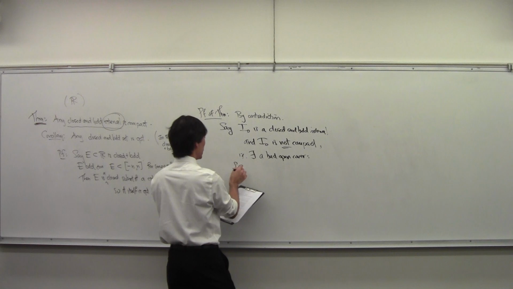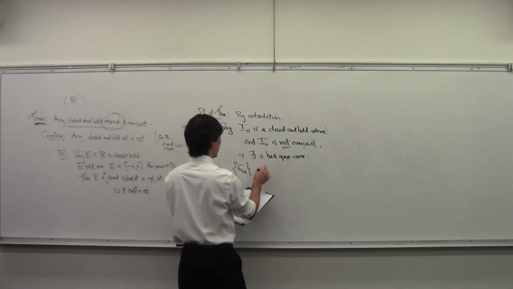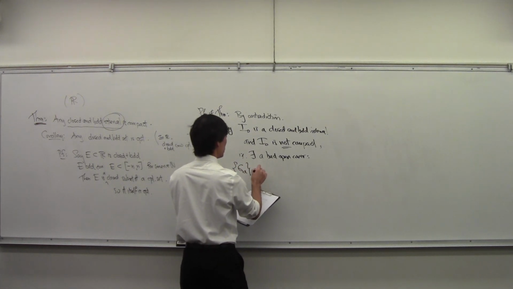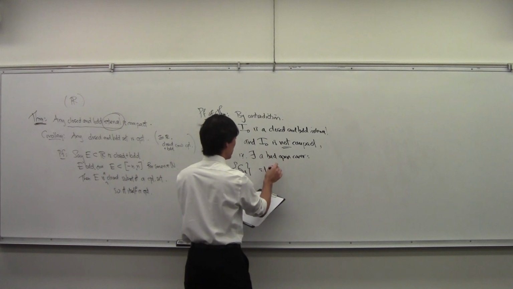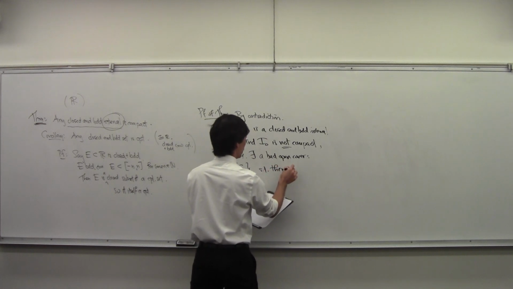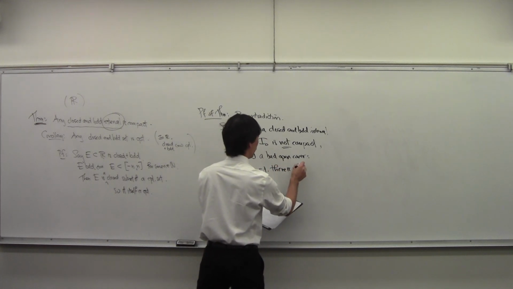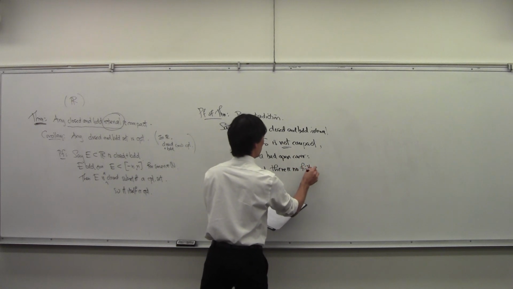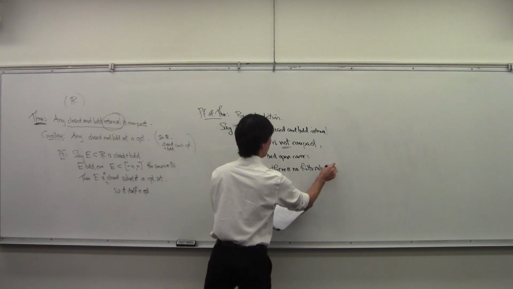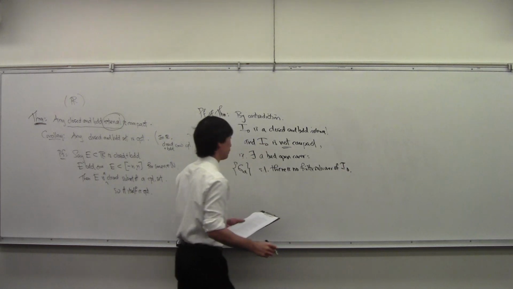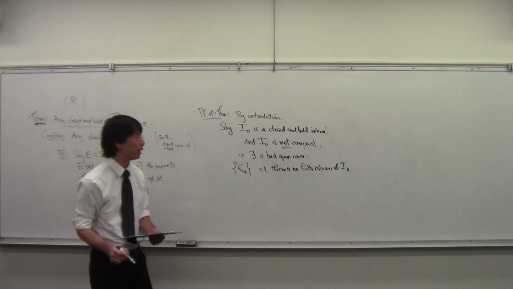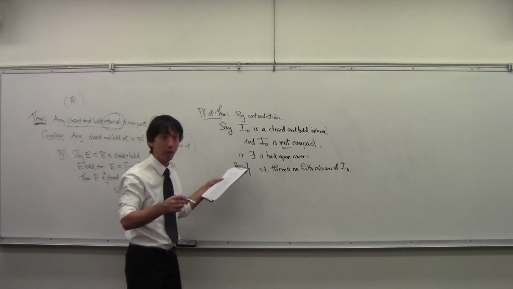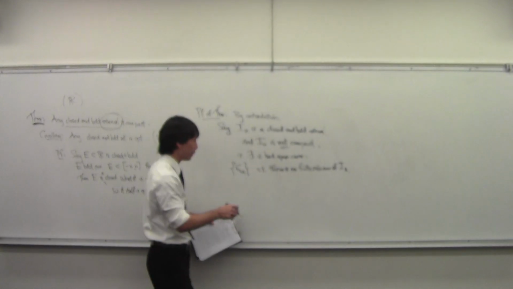In other words, some G alpha such that there is no finite subcover of I naught. You've got this cover, but for some reason it doesn't have a finite subcover of I naught.